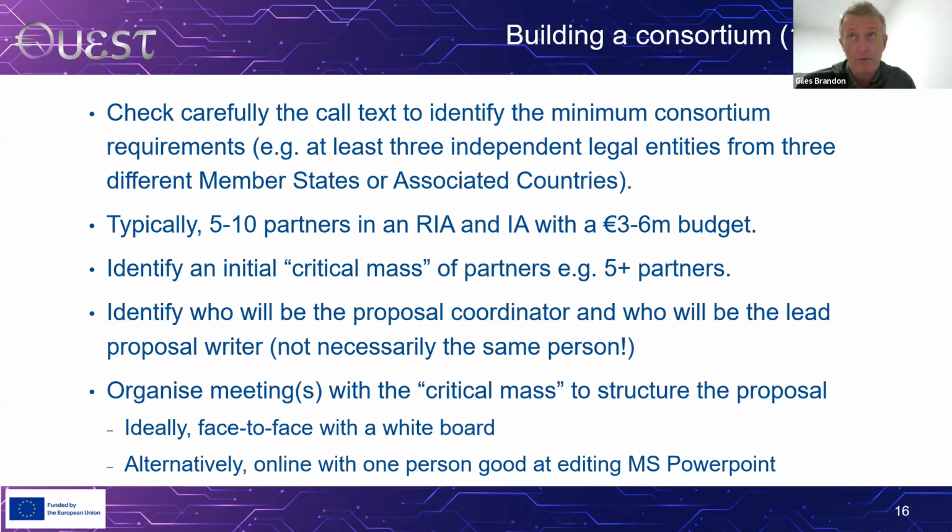People often ask me, well, how many partners is the right number? The honest answer would be for me to say, well, how long is a piece of string? But failing that, I say, well, look, if you're dealing with a research and innovation action and an innovation action with a budget of 3 to 6 million euros, you're going to be looking at least 5 to 10 partners, quite possibly more.